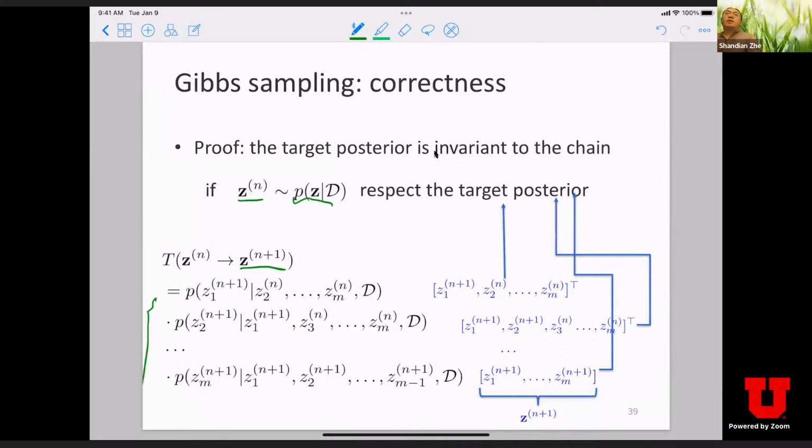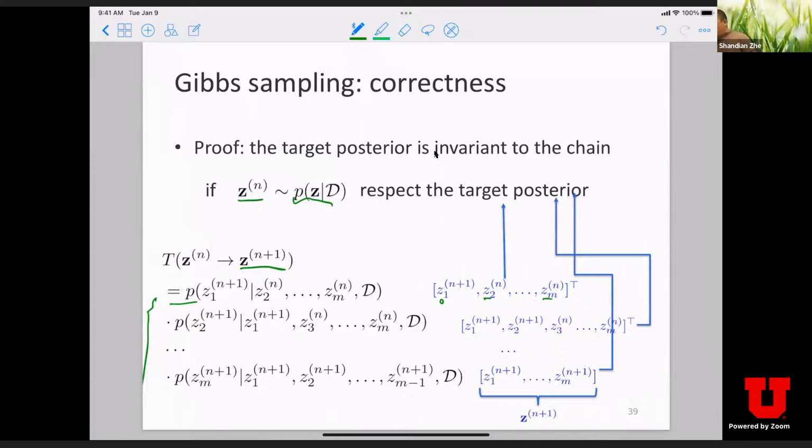Through these m steps, we actually have m intermediate states. The first intermediate state is that I get a new sample for Z1 and old samples for Z2 to Zm, through this conditional distribution.